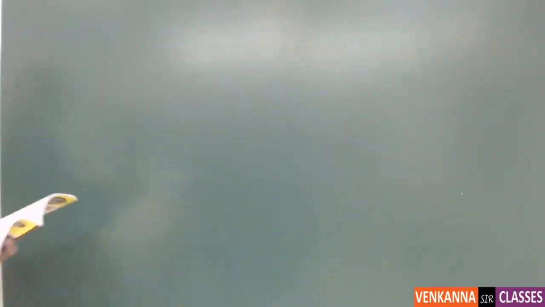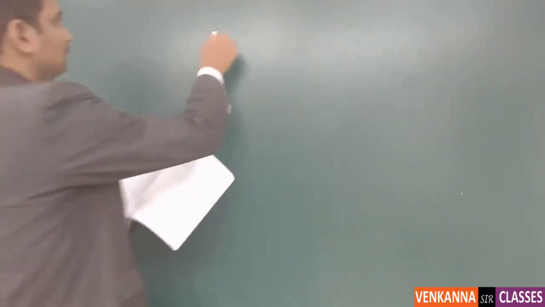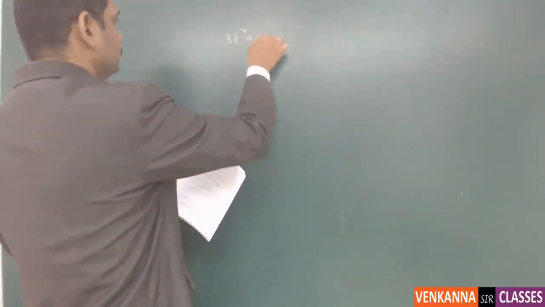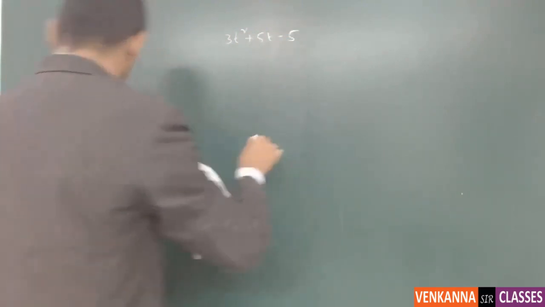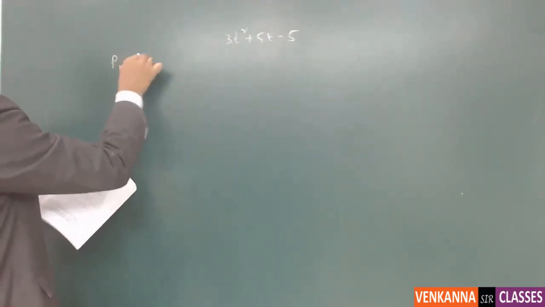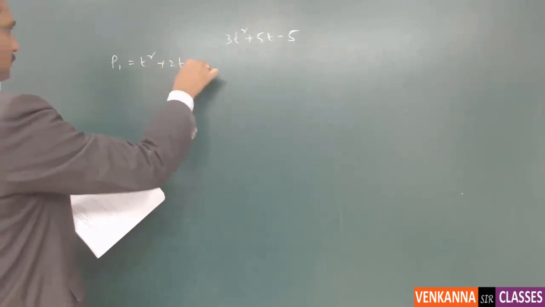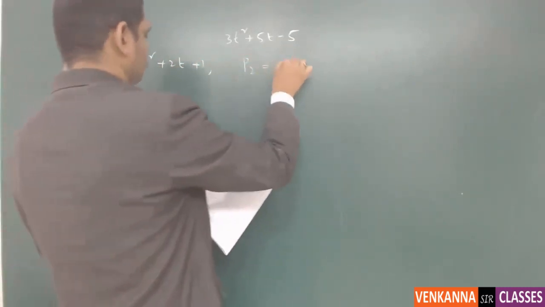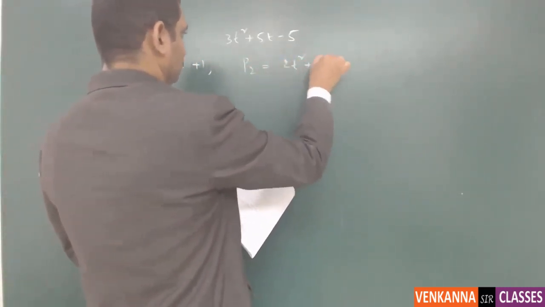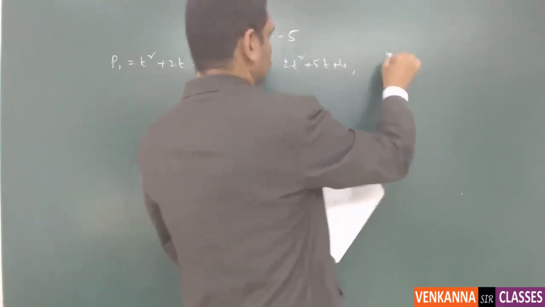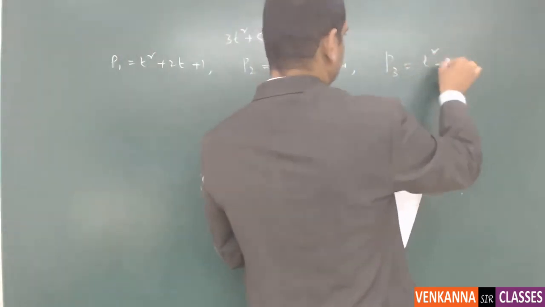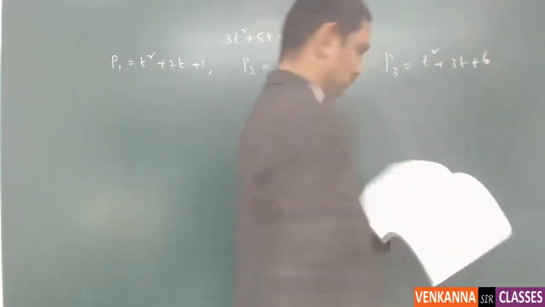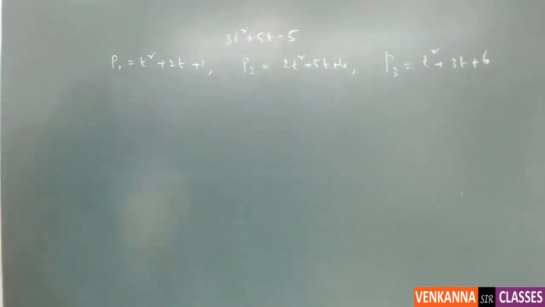Now let us take the problem where I took a polynomial 3t² + 5t - 5.